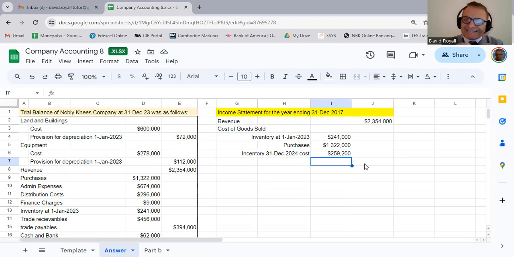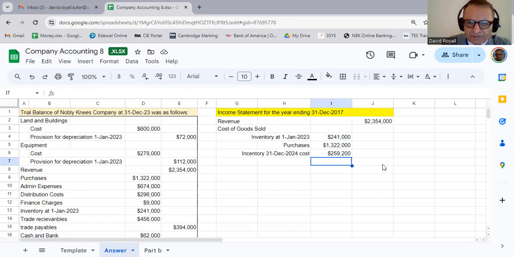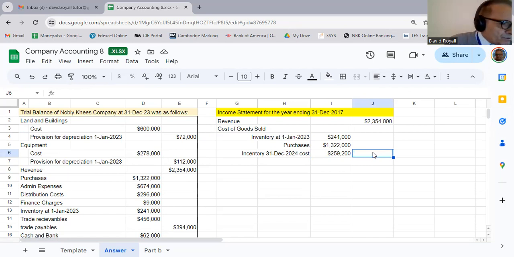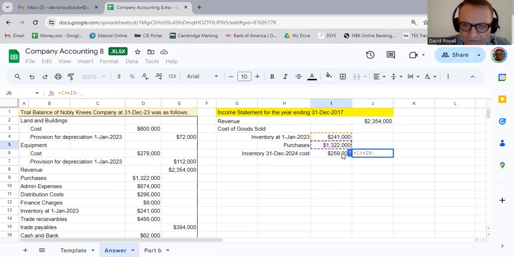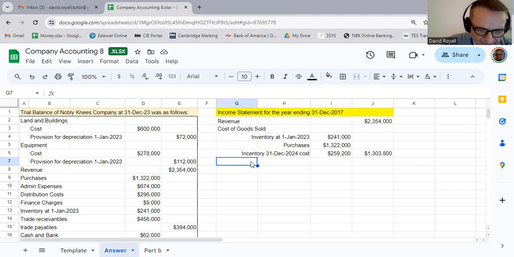So all the closing stock is at cost, except that other bit, which dropped, and we lost 5,800 in the value of the closing stock. So the cost of goods sold will equal opening stock plus the stock that you purchase. That now becomes the stock available for sale, less what we've got left over. So we don't want to include that in our cost of sales. So we've now got our cost of sales, 1,303,800.